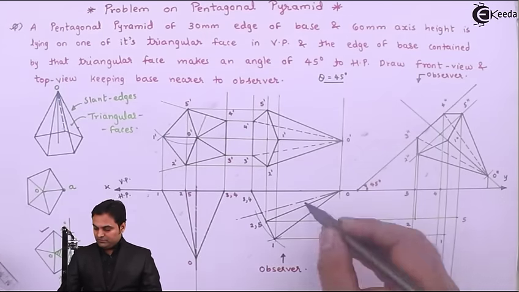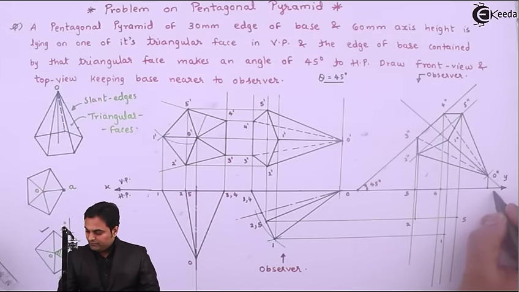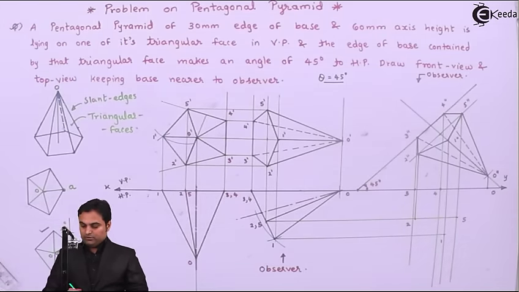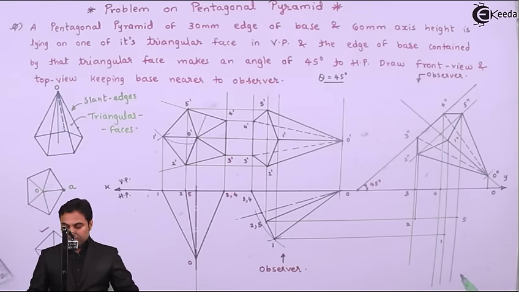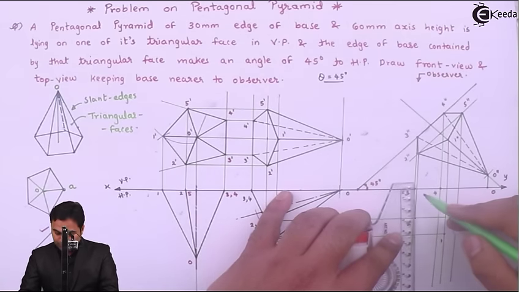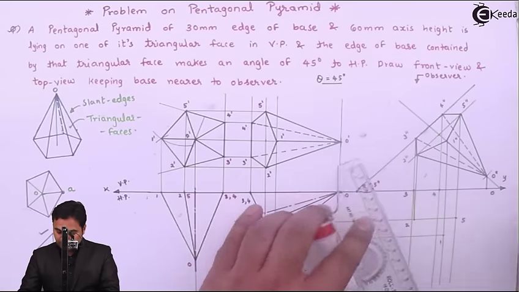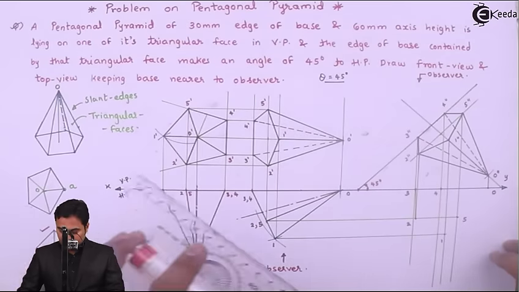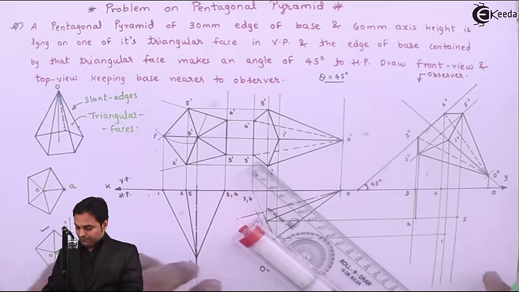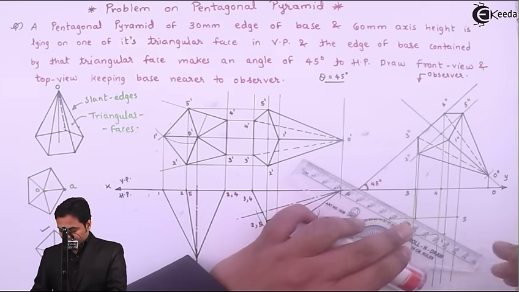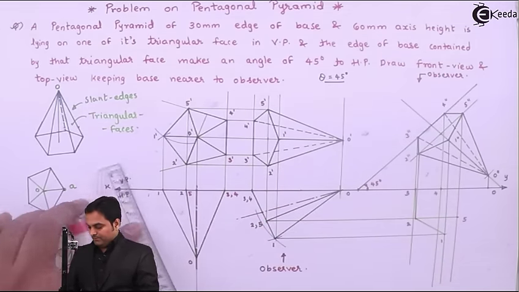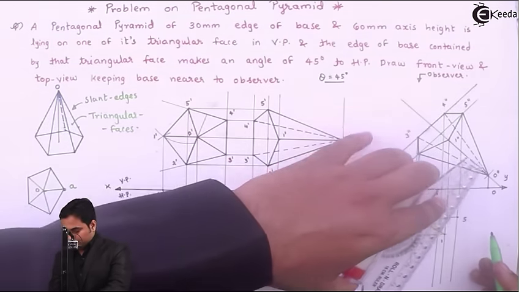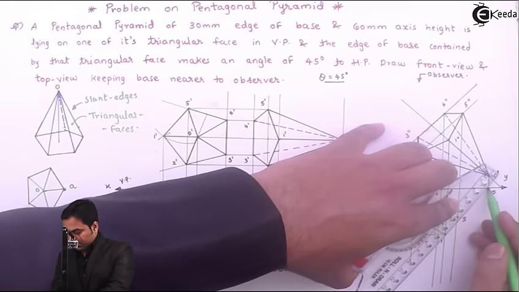And here the apex is on XY line, so the intersection will give me apex O. Now joining them in the proper sequence. Outline, first we are going to join that because outline will never be hidden. So 2 to 3 with light line, then 2 to 1, then I'll connect it to the apex.